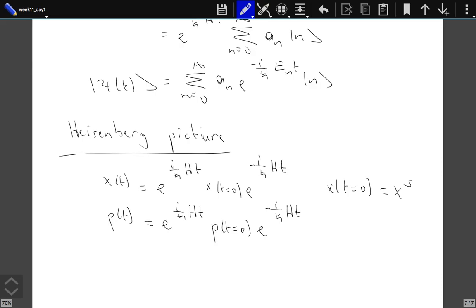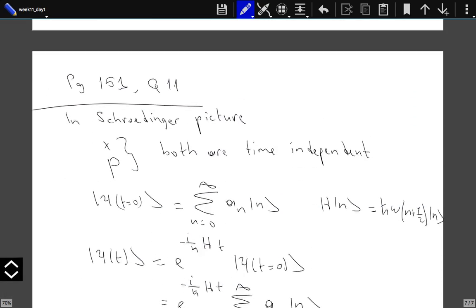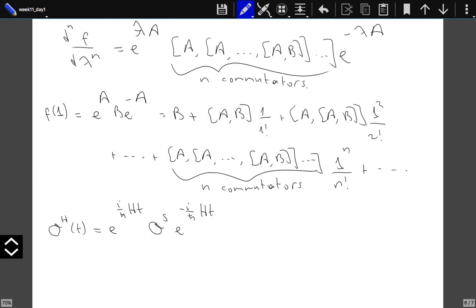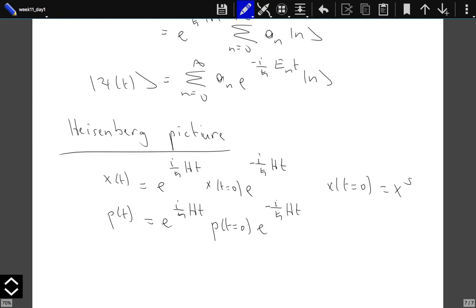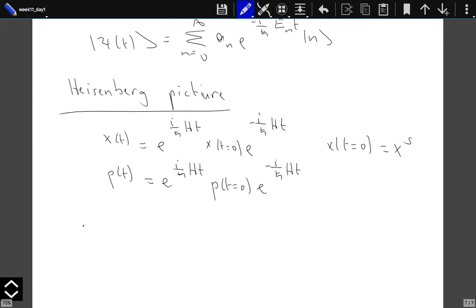Now let's calculate some of the commutators. I will be using the Baker-Hausdorff formula, the expression that we had just derived. But to use that expression, I need the commutators of H with x and p. Well, the commutator of H with x, and since we are looking at the harmonic oscillator, the Hamiltonian is p squared over 2m plus 1 over 2 m omega squared x squared, the commutator with x.